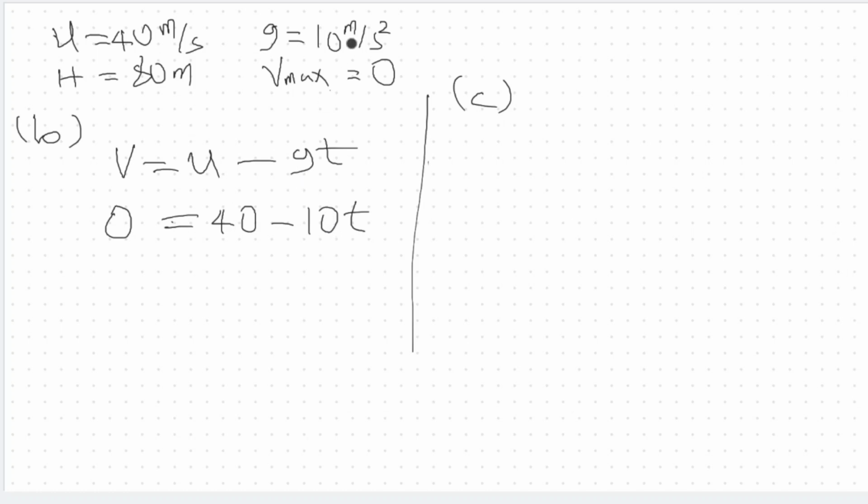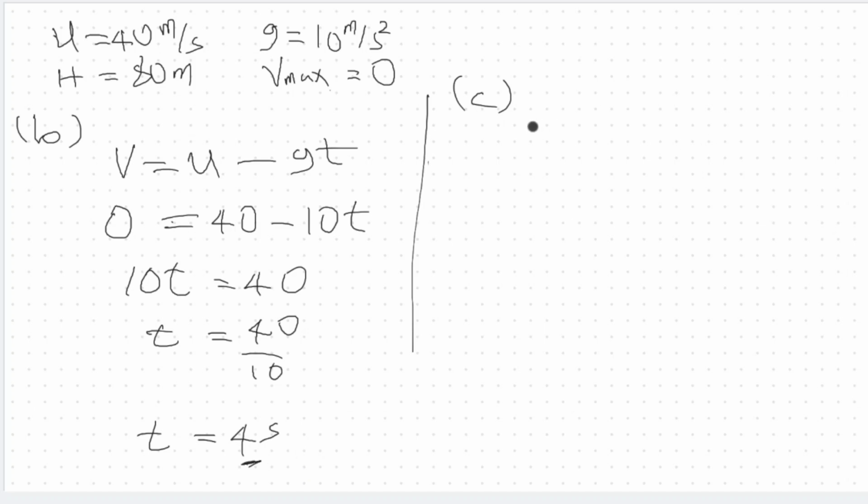G is 10. So minus 10t will cross over. We're going to have 10t equals 40. Okay. If we divide both sides by 10, we're going to have 40 over 10, which will give us our t to be 4 seconds. So we have t as 4 seconds, time to reach the maximum height.